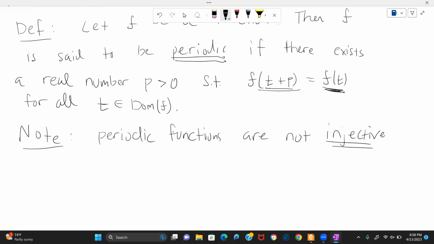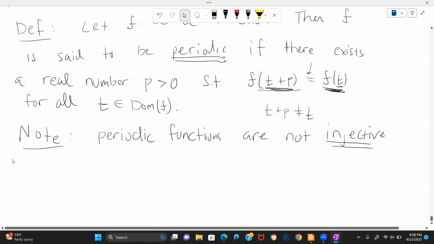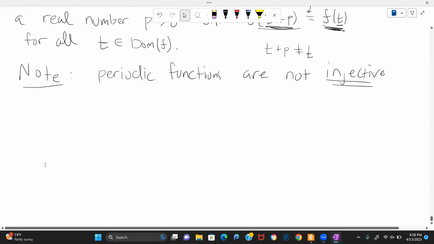But t and t plus p are definitely distinct points, and yet they have the same output when you plug them into this function. So periodic functions are definitely not injective, so they can't have an inverse.